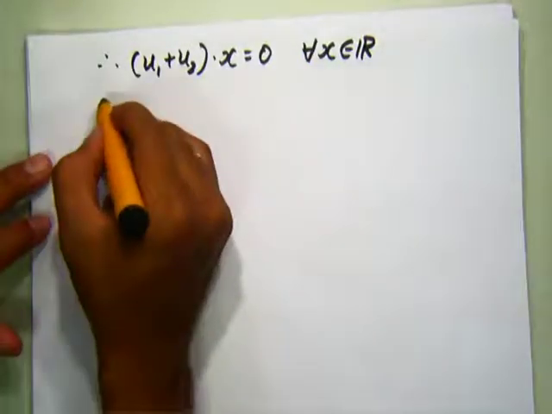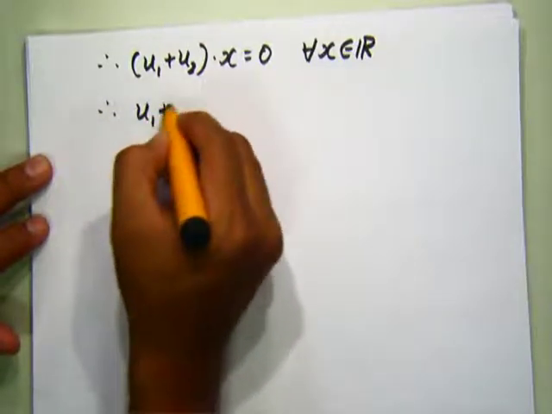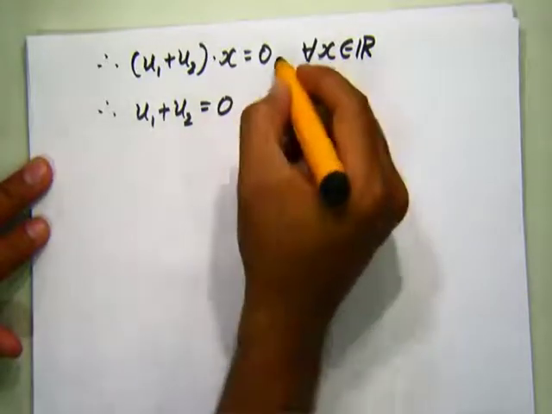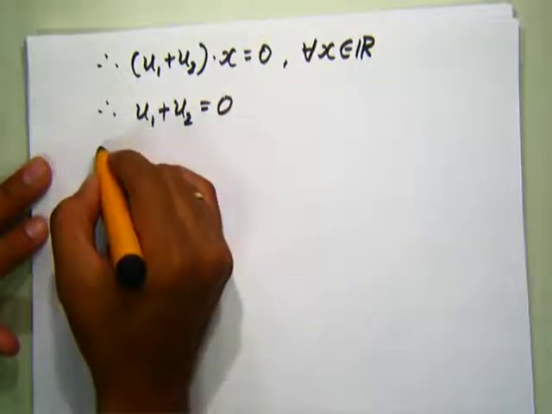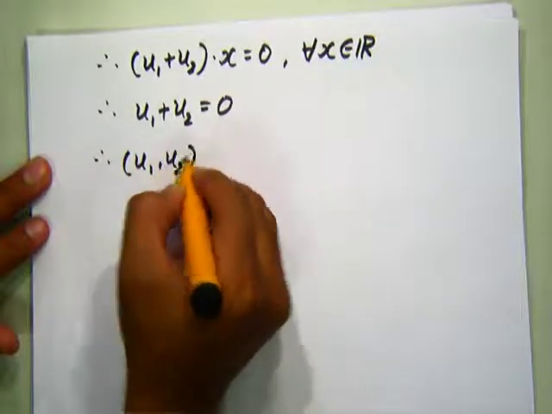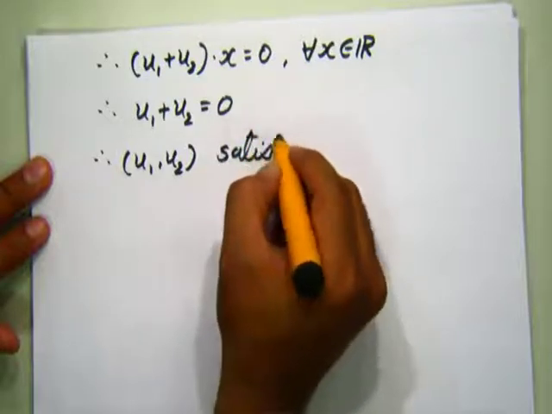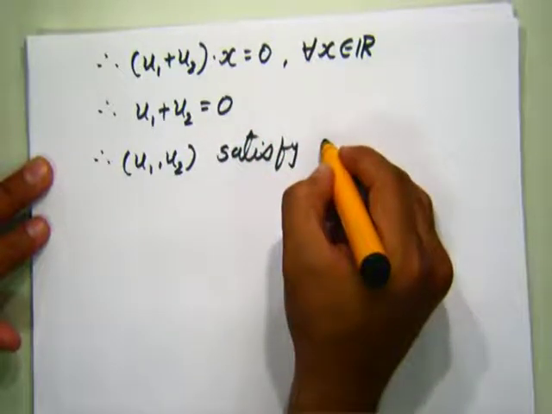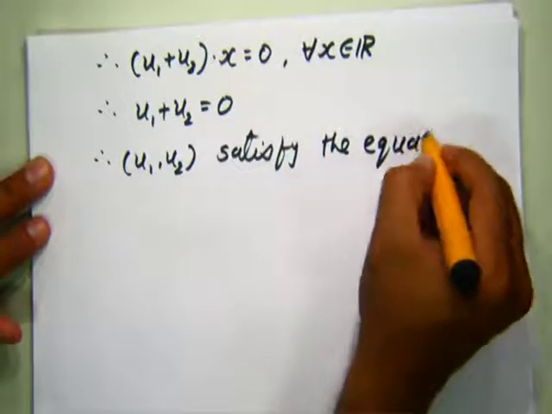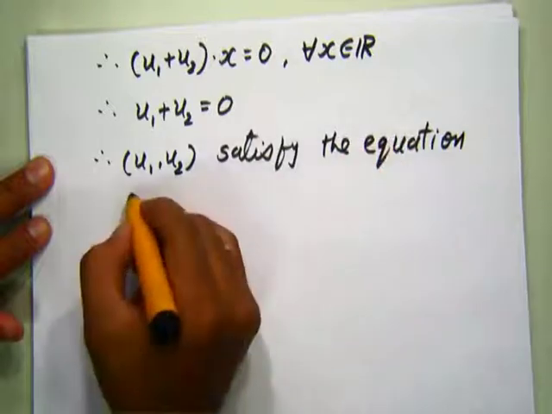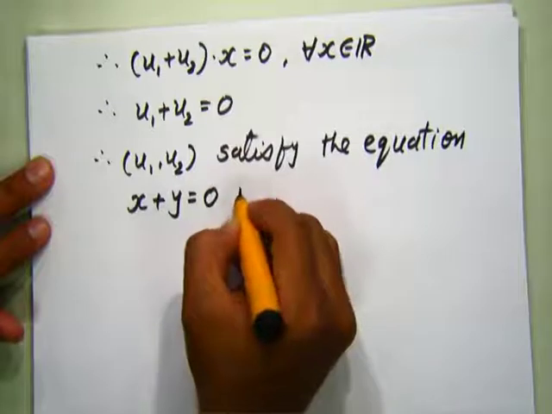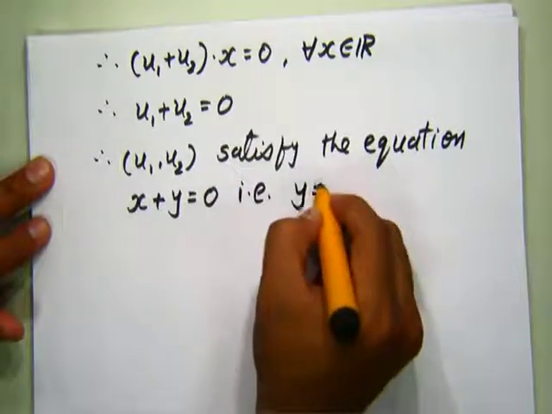So we must have u1 plus u2 equal to 0, because we have this for every x belongs to R. Therefore (u1, u2) satisfies the equation x plus y equal to 0, that is y equal to minus x.